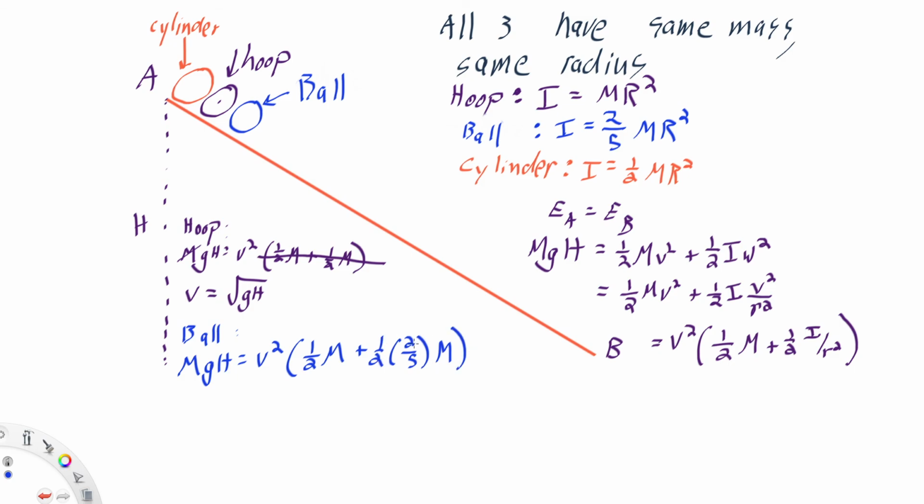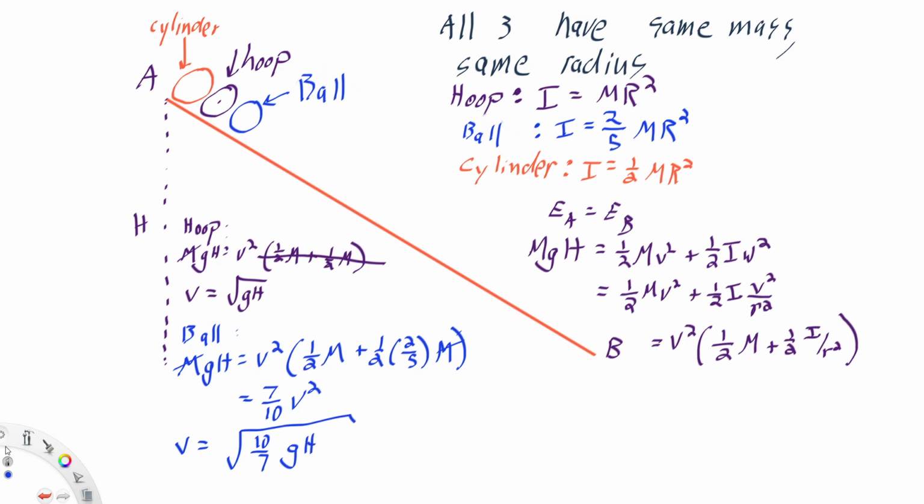Well, a half of 2/5 is 2/10. So when we add these together, we get 7/10 m. The m's cancel. And now we have v equals square root of 10/7 gh.